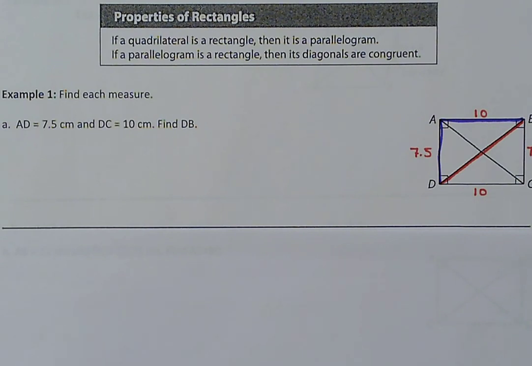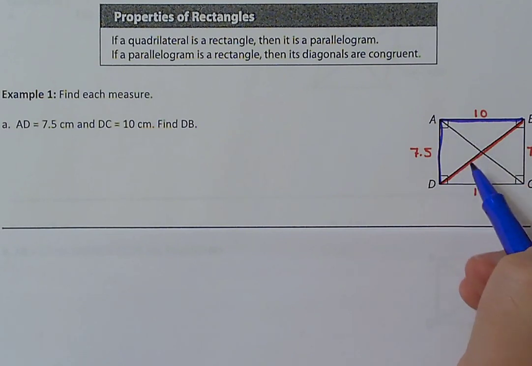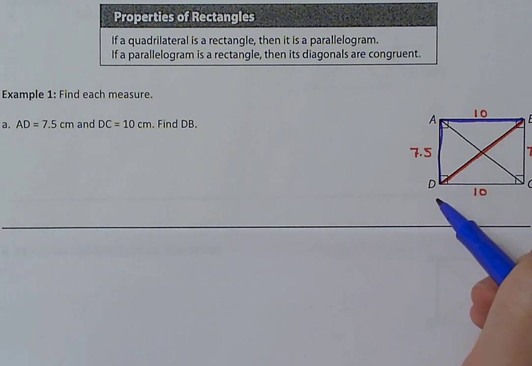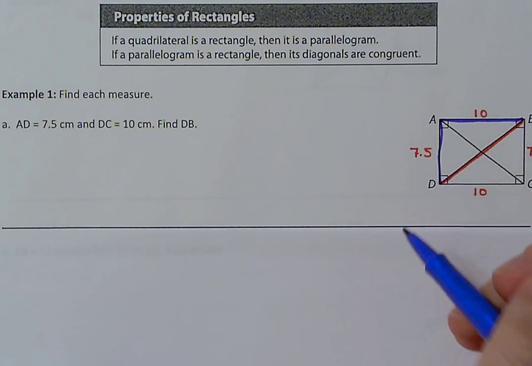The thing we know about right triangles is that we can use the Pythagorean theorem. So we're going to use the Pythagorean theorem to figure out what DB is. And DB is our hypotenuse because it's the side opposite of the right angle. So anytime you're dealing with diagonals, know that the diagonal is always the hypotenuse. Any of the side lengths are considered your legs.